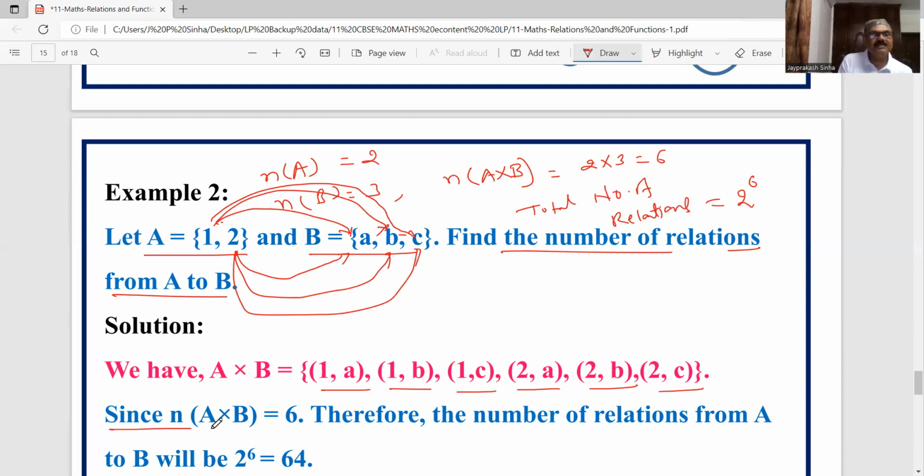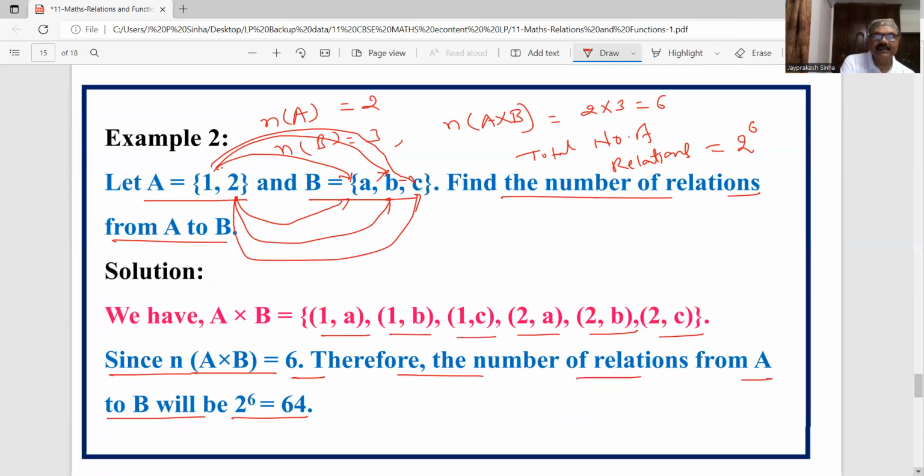Since the number of elements in the Cartesian product of A and B is 6, therefore the number of relations from A to B will be 2 to the power 6. 2 to the power 6 means 64. Correct?